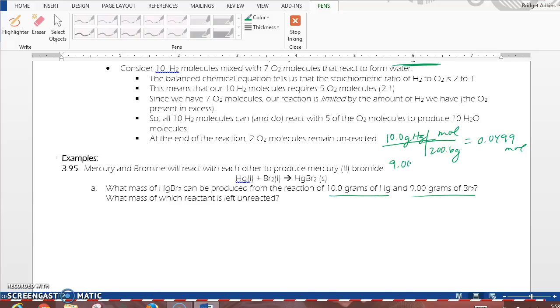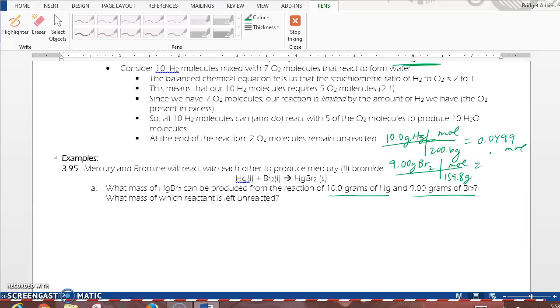And then our bromine, our Br2, its molar mass is 200.6. Nope, they can't have the same molar mass. Just kidding. Br2, let's see, 79.9 plus 79.9, 159.8. Sounds better.